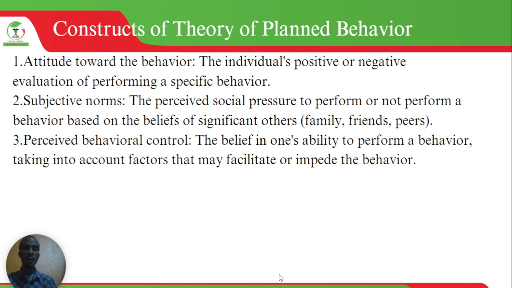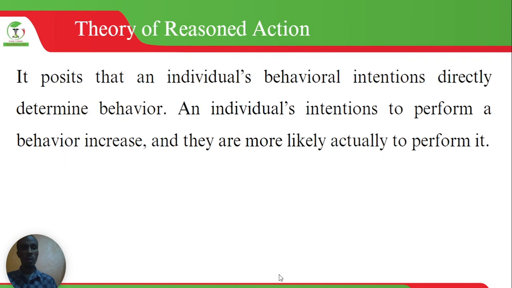Then, related to the theory of planned behavior, we have the theory of reasoned action, which proposes that an individual's behavior intentions directly determine the behavior that they are going to perform. So as an individual's intention to perform a behavior increases, they are more likely to actually perform it.